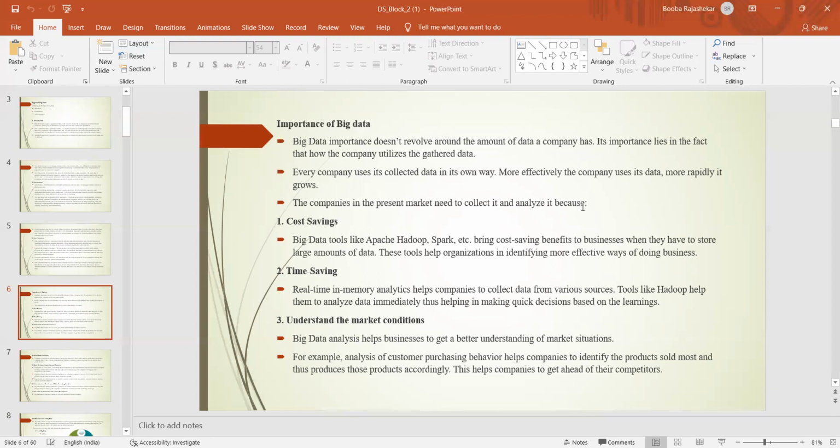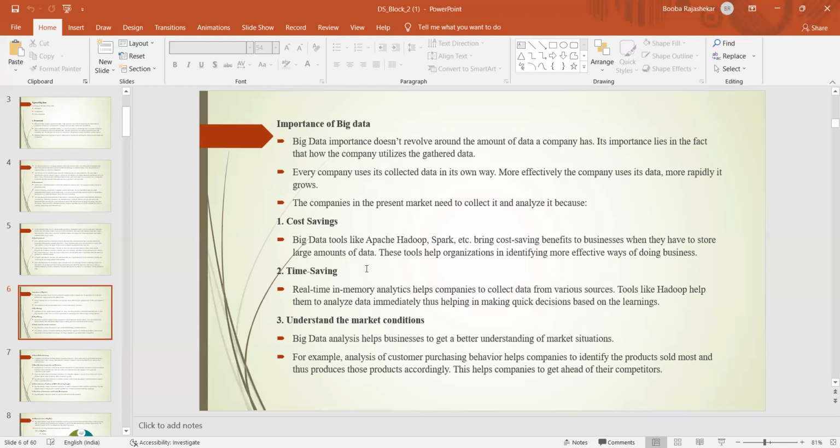Okay. Next, the first one is cost saving. Data tools like Apache Hadoop and Spark bring cost saving benefits to businesses when they have to store a large amount of data. These tools help in identifying effective ways of doing business.